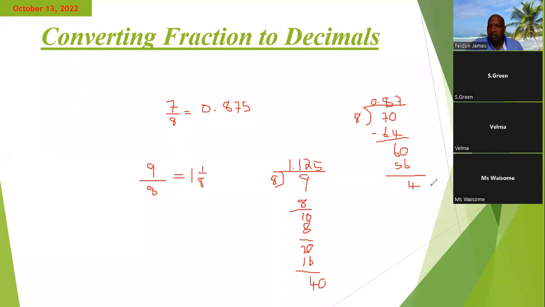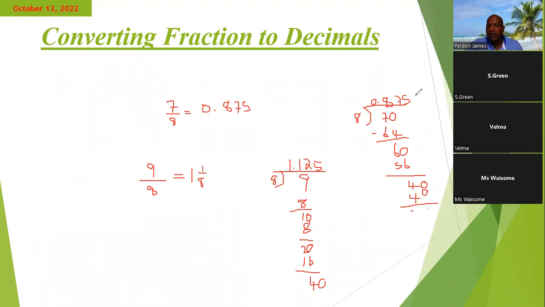No, so we have to get the next 10th position. So we times it by another 10. So that's now the 1,000 position. So we have 8 into 40 goes what? 5 times. So we now have 5, and then we use that 5 to multiply by the 8, and we get 40.